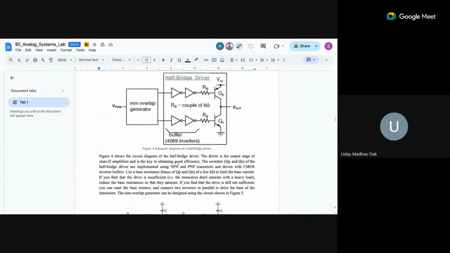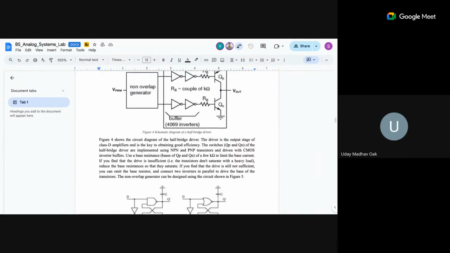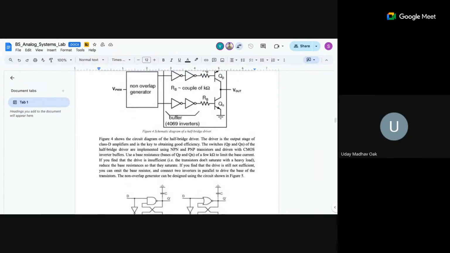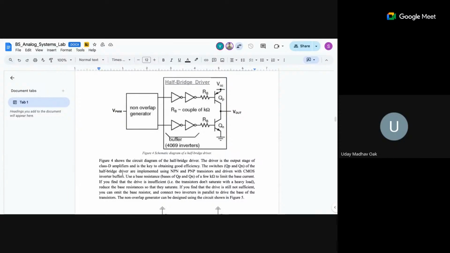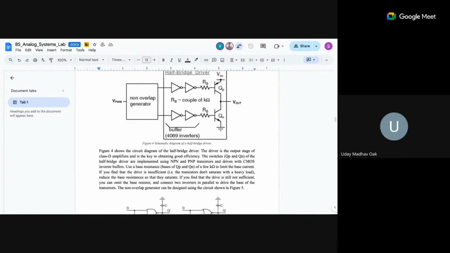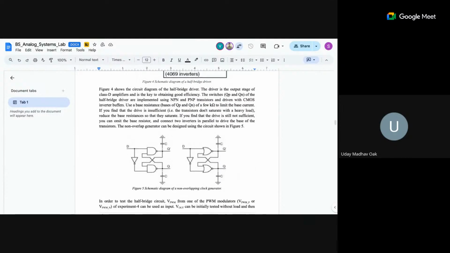No, no. We need two of these blocks, right? Half bridges. Oh right, yeah, this is for VPWM N and you'll have one more for VPWM P. Yeah. So for VPWM N, if I remember it correctly, it is working fine. For VPWM P, it is not working correctly, and that output is stuck.